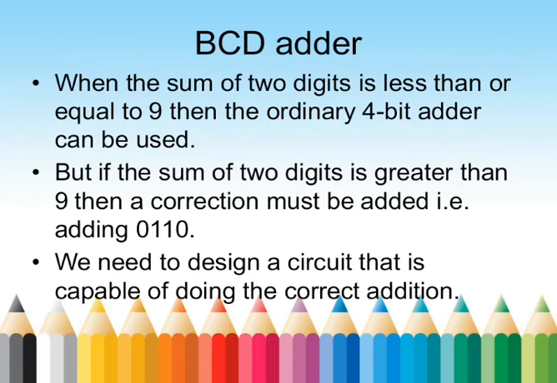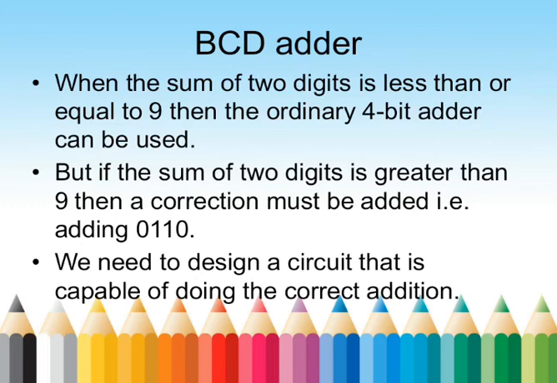Other than these, they are invalid BCDs. Third, one more 4-bit adder is needed to add 0110 to the sum output if the sum is greater than 9 or the output carry is 1.